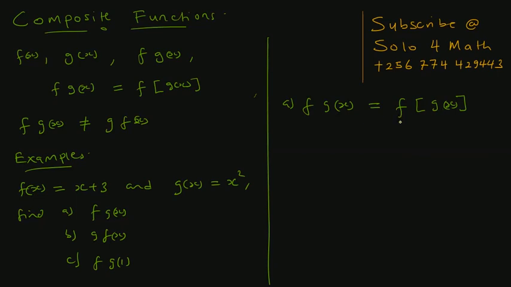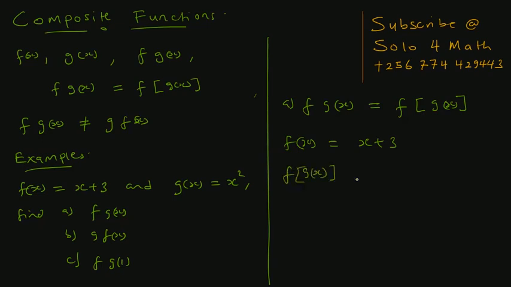You take it as if you're finding f of something, but whatever is there, you substitute it where there is x. So if we know our f(x) as x plus 3, now we want to find f of g(x).